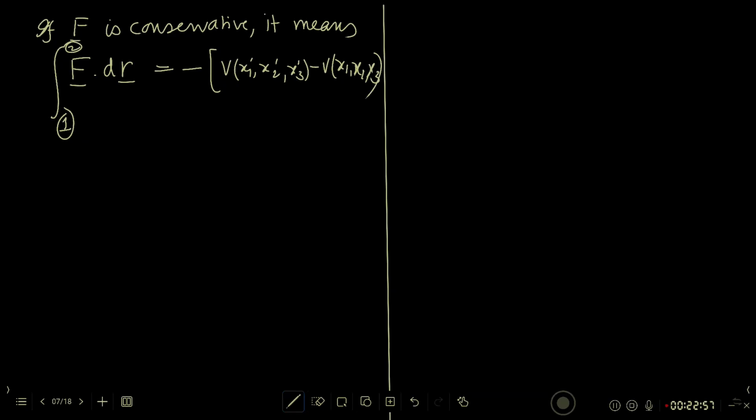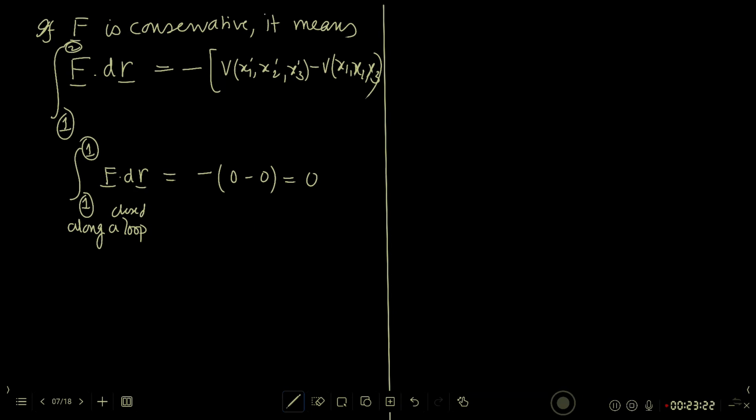But if I take this integral from 1 to 1 along the loop, after all this is a line integral along a closed loop, what am I going to get on the right hand side? I am going to get 0. Initial and final location are the same.